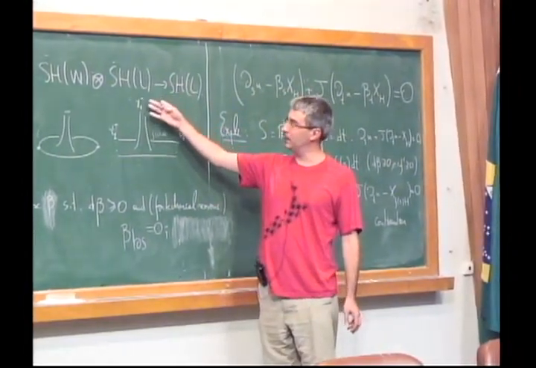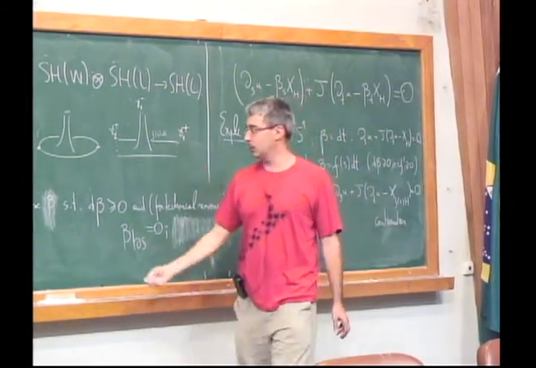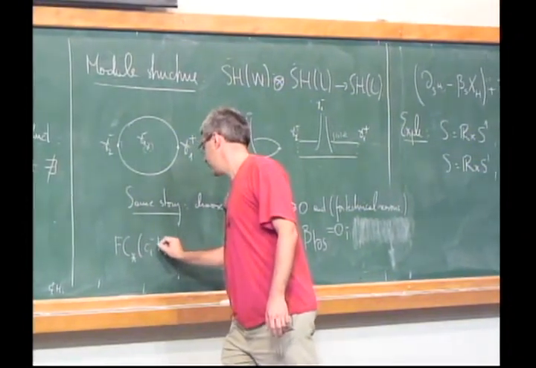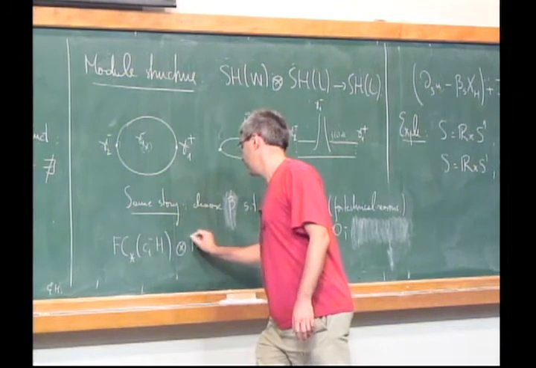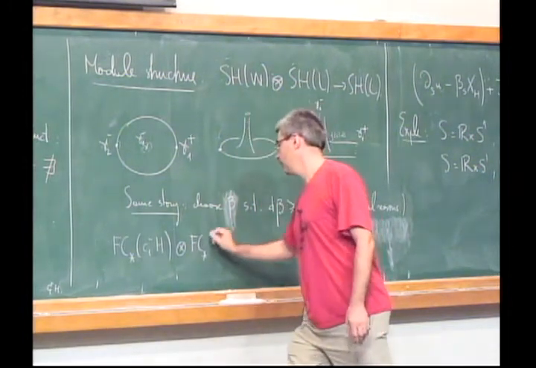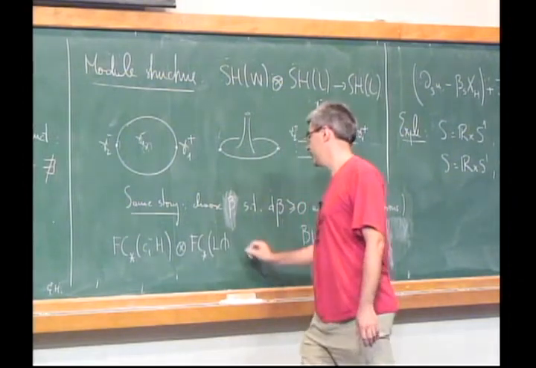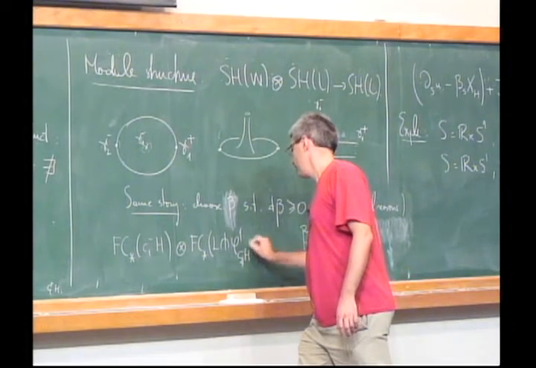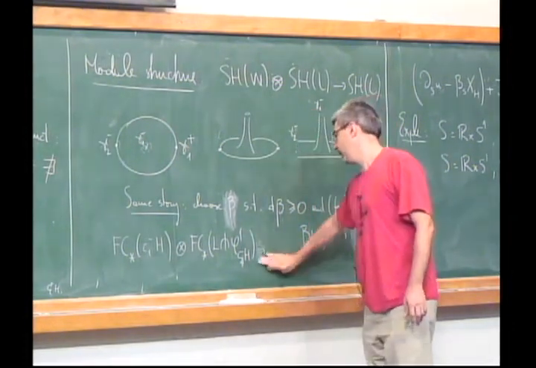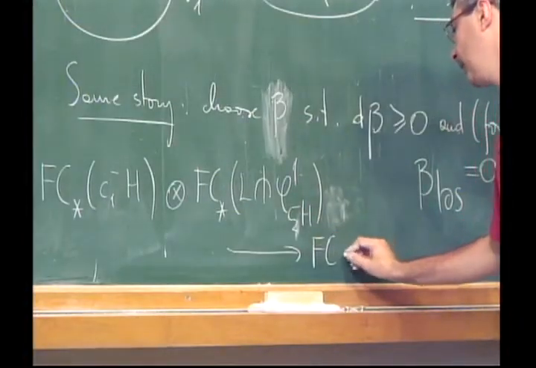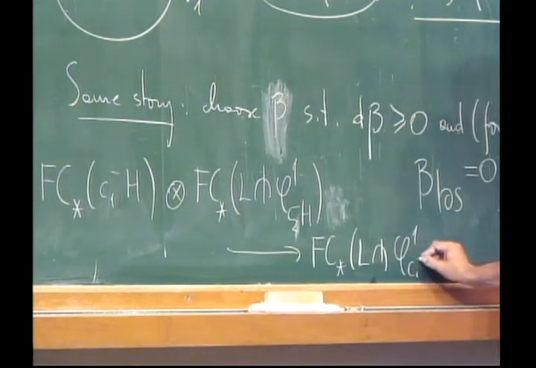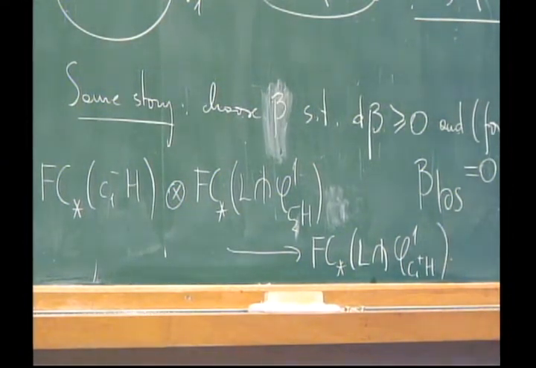I take one periodic orbit here, some chord, and I spit out a chord, and I get an operation which is defined from the Floer complex of C1 minus H, and then times the Floer complex of L transverse intersection with the flow of time 1 of C1, C2 minus H, and it's going to go into the Floer complex of L intersected time 1 flow of C1 plus H. Yeah? And then you pass to the direct limit, and it's going to be good.